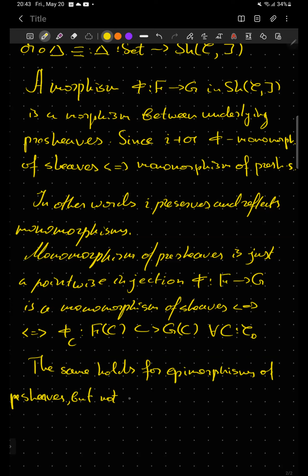Pre-sheaves, but not of sheaves. Grish, sorry, you mean pointwise epimorphisms are surjections, yes? Yes? Yeah. Okay. But it's not true for sheaves. Yeah.